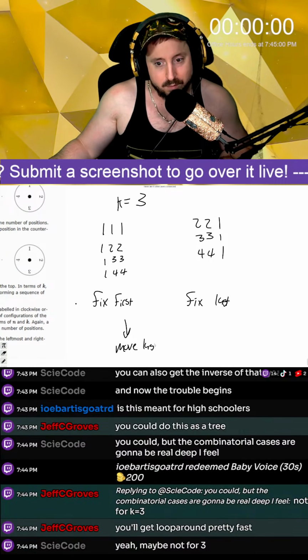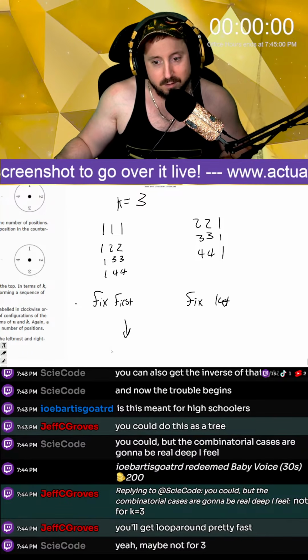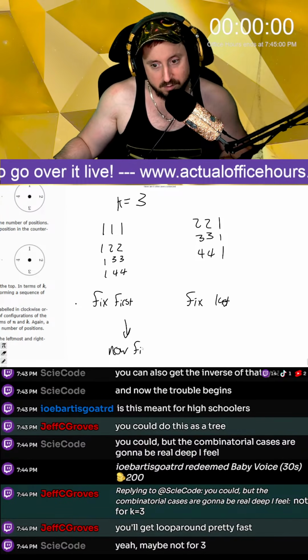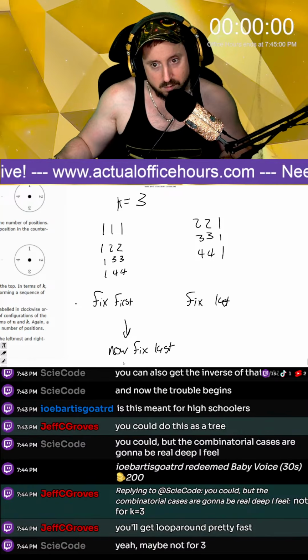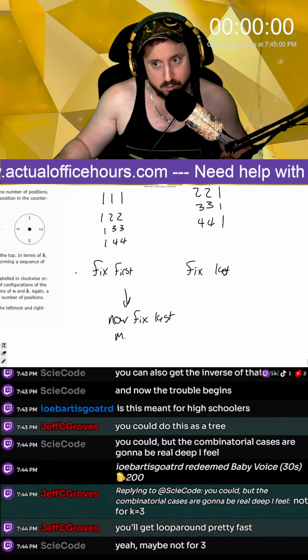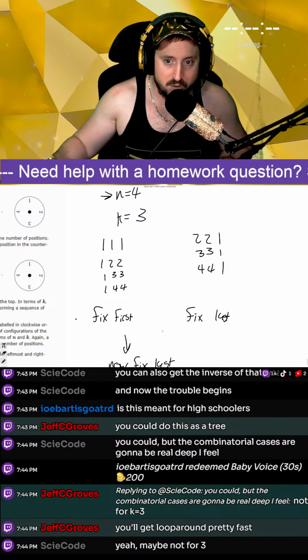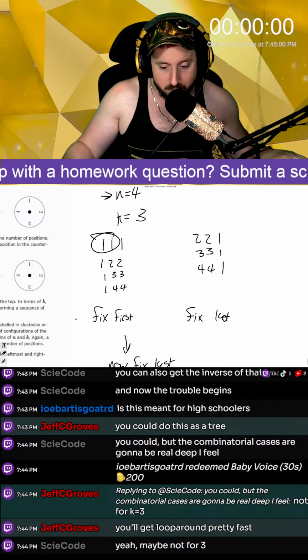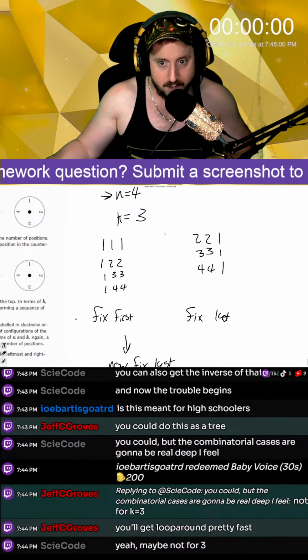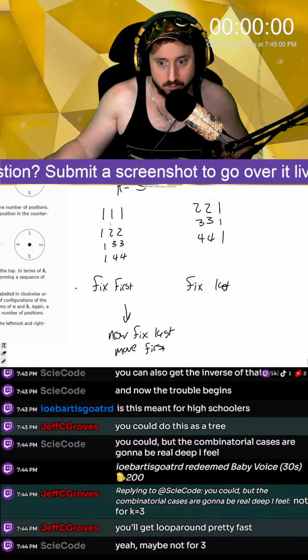Actually no, sorry. Now fix the last and move the first. So this one doesn't generate any new cases, right? Because that's already what we have. This one does though, right?